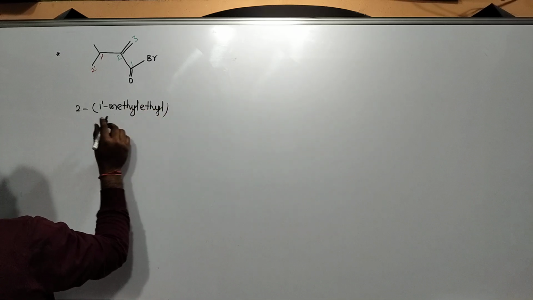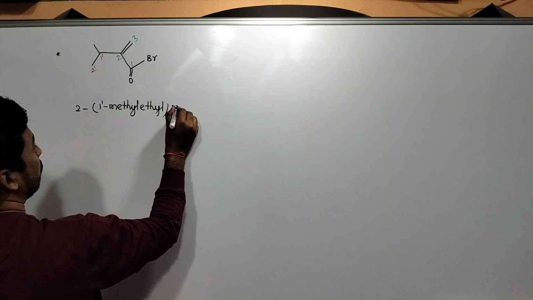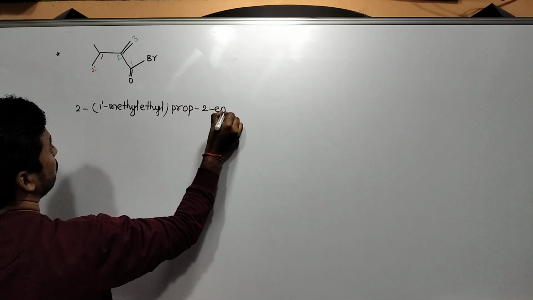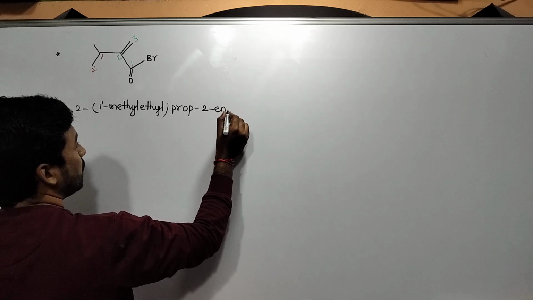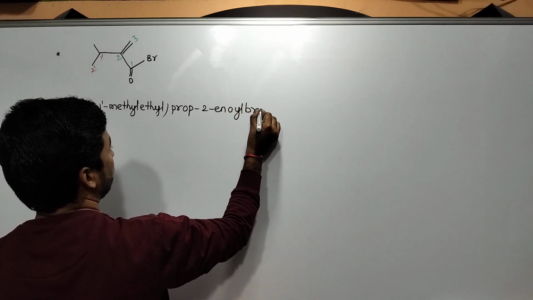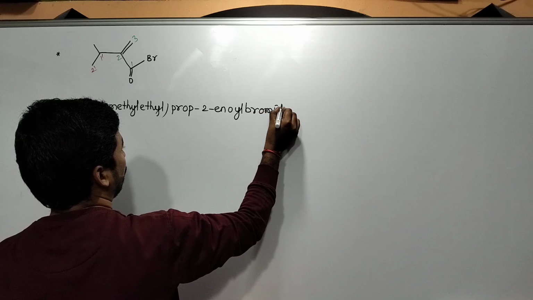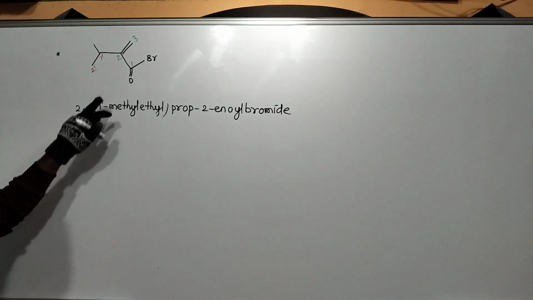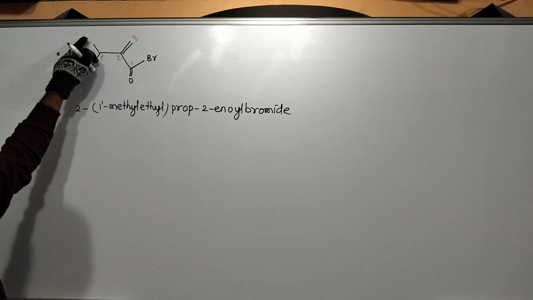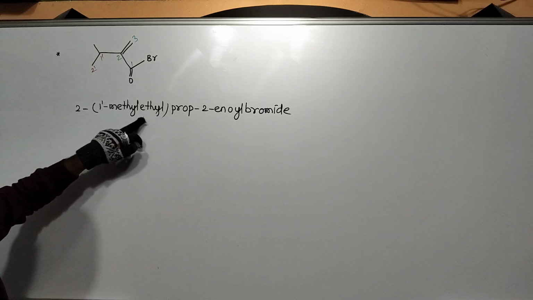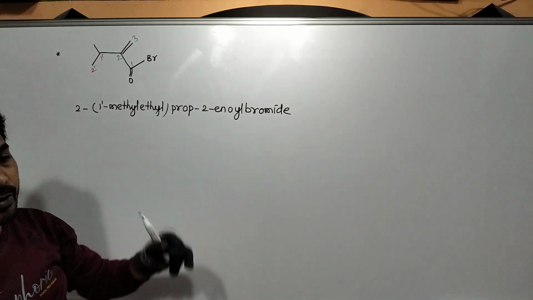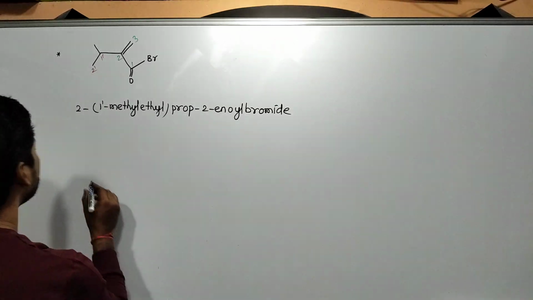At second position, prop-2-enoyl bromide. At second position, what? 1 prime methyl ethyl. 2-(1-methylethyl)prop-2-enoyl bromide is the IUPAC name of this molecule.